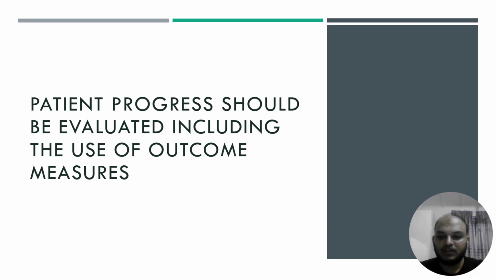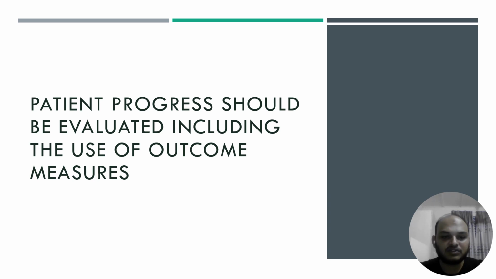We do his complete mobility and strength assessments. Along with that, we also assess his function through outcome measures. So we can use a patient-specific functional scale to identify what functions are affected. We can use a WOMAC, Western Ontario McMaster scale, to assess the impact of the disease on the individual's life. We can also use quality of life scales.